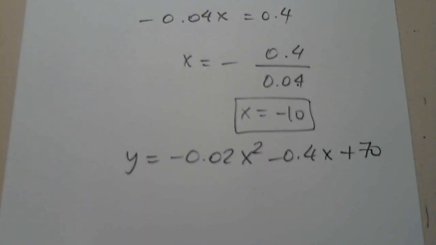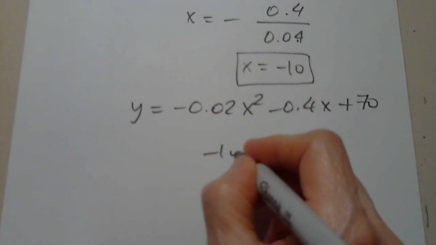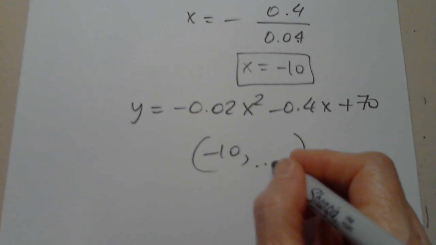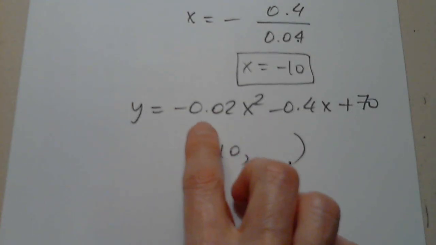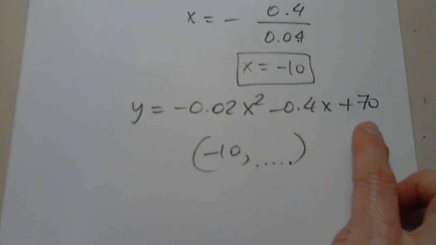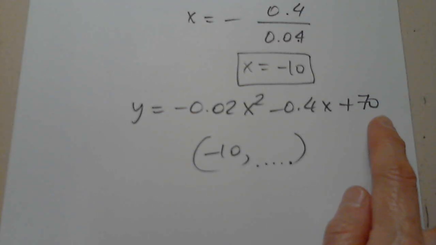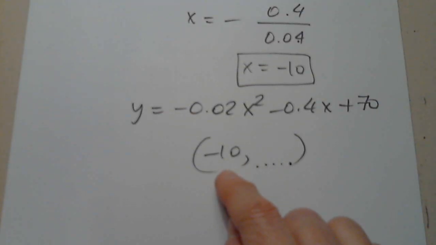They're asking us to find the point, meaning I found x, but I also have to find y. In a test situation, I would not waste my time. I would put this function in the graphing calculator and plug in negative 10 in it.